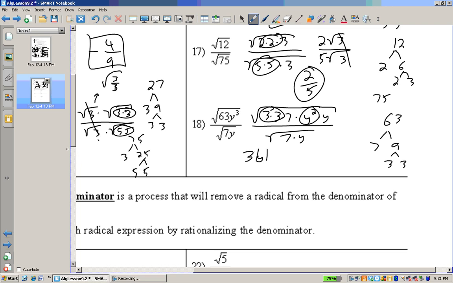So we need the absolute value. And then inside we have 7y. We also have 7y in the denominator. Now, square root of 7y divided by the square root of 7y is going to divide to give me 1. So we're just left with 3 times the absolute value of y. And again, the reason for the absolute value is to prevent having some kind of a negative in the radicand, which would give you no real solution.